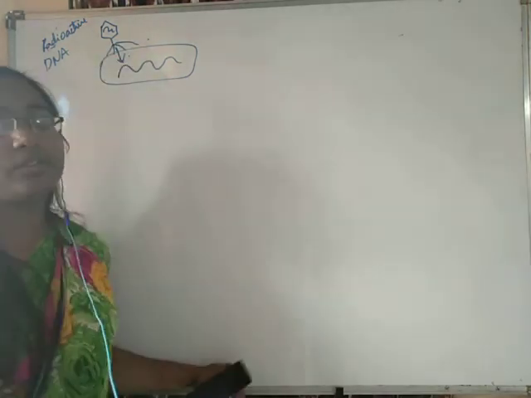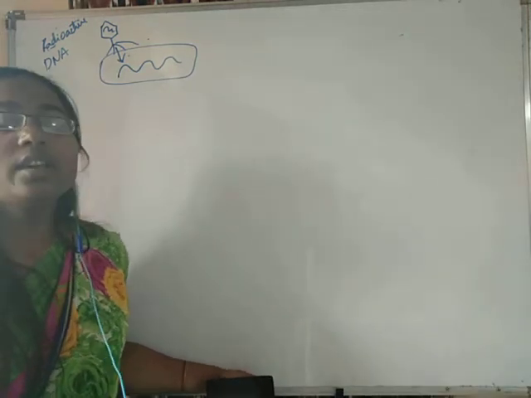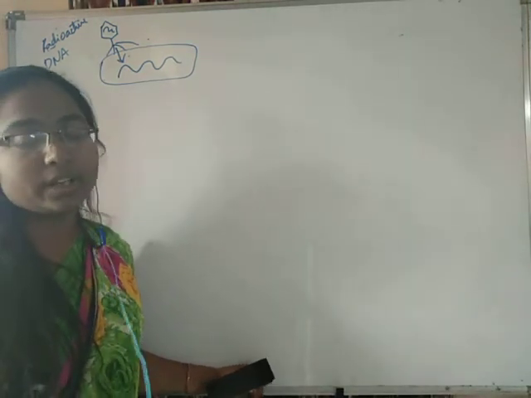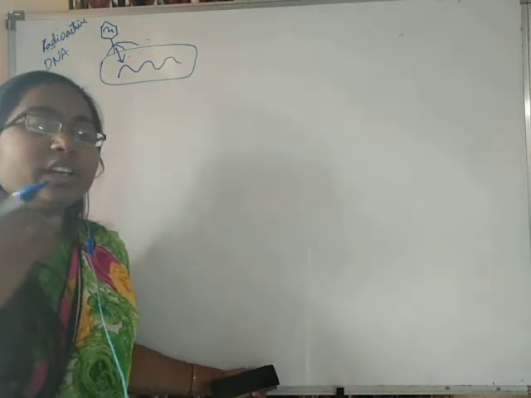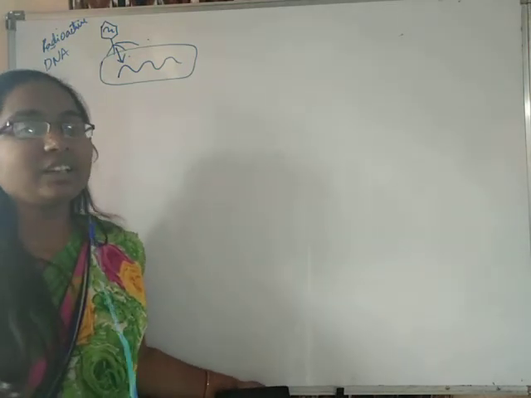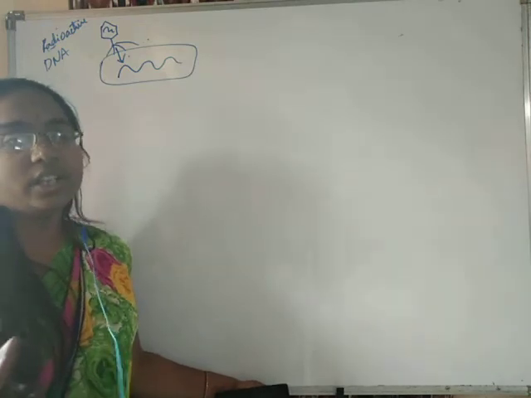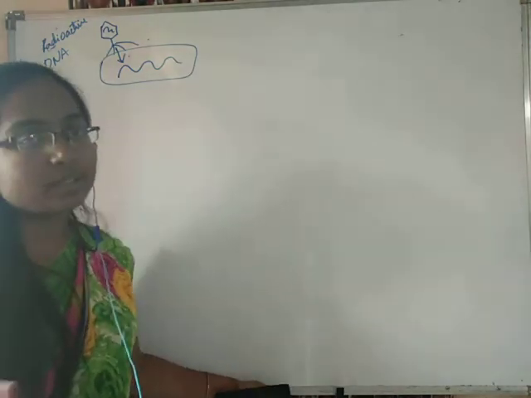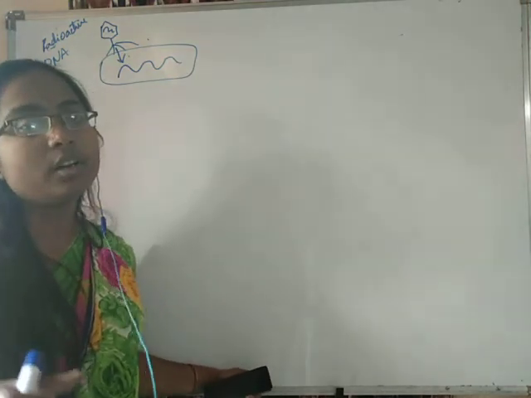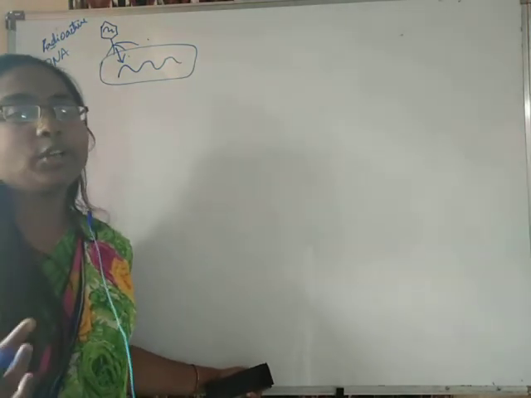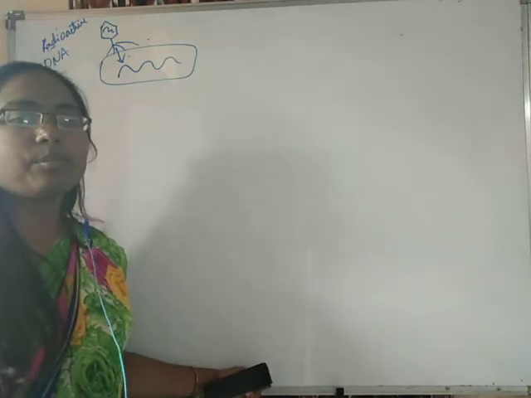Bacteriophages infect bacteria, they send the genetic material into the bacteria, and the bacteria will think that the genetic material coming from the bacteriophage is actually its own DNA, and it will try to produce its own proteins.